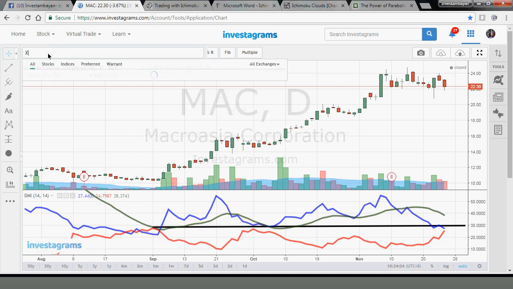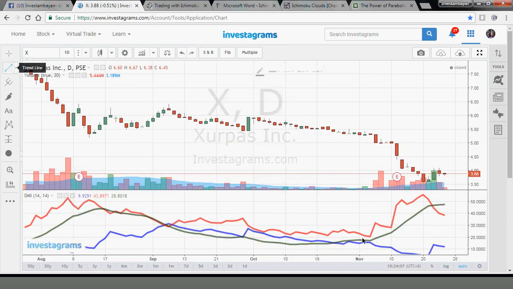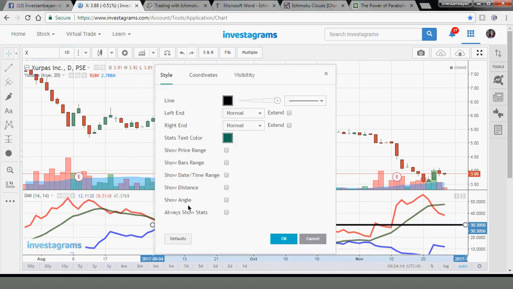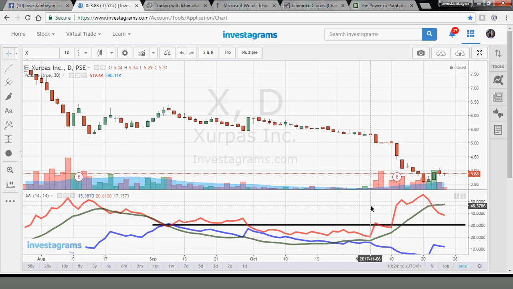Kuha ba? Now, on the other hand, ano naman ang strong na downtrend? We know naman na i-avoid talaga natin to, not unless na may reversal na mangyari.